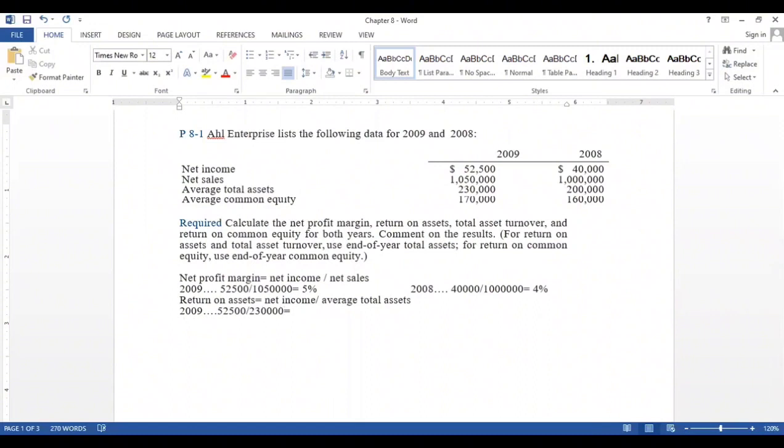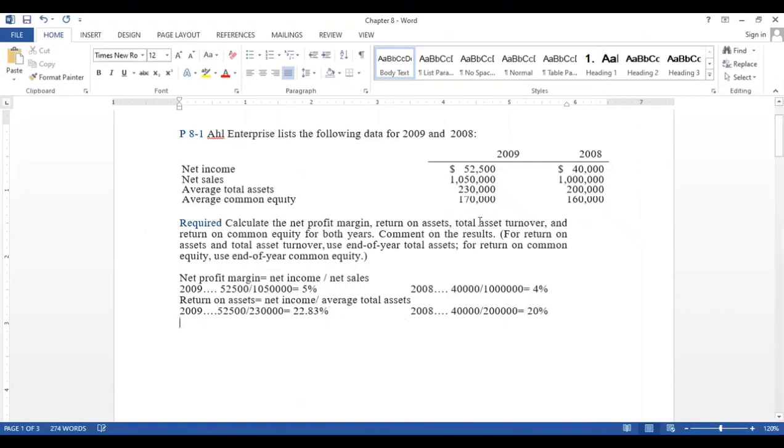So our return on assets becomes 22.83%. And for 2008, our net income is 40,000 divided by average total assets, which are equal to 2 lakh. So our return on assets for 2008 becomes 20%.